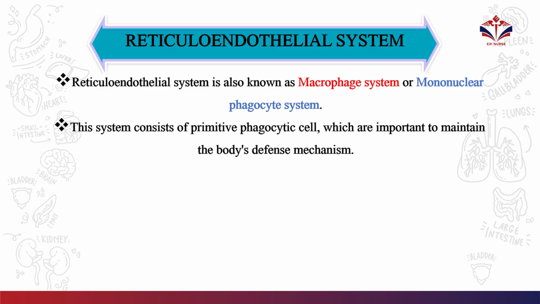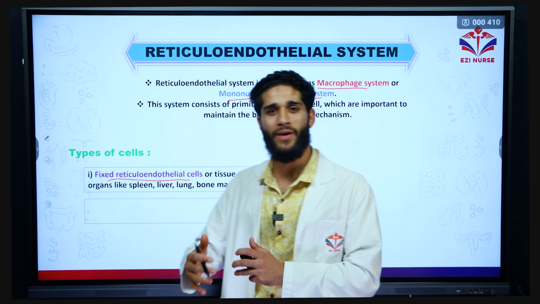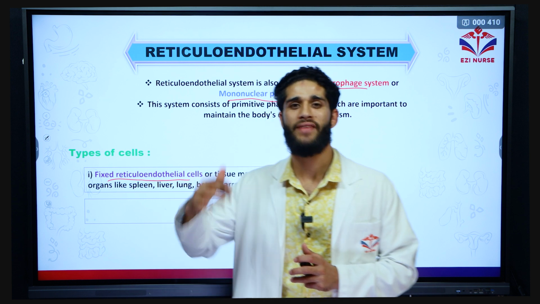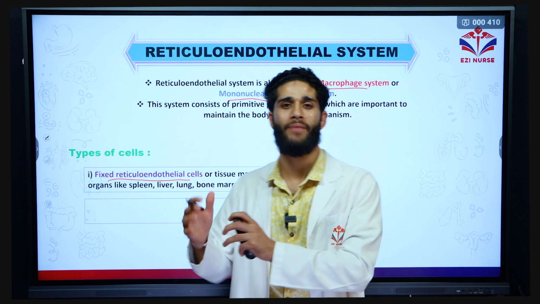So as I told you, there are different cells which take part in our body to defend against the pathogens. So it is divided into two types of cells. What are those? The first one is the fixed reticuloendothelial cells. In a country, you will see the different forces and armies which are located at a particular location, and they cannot move from that location.